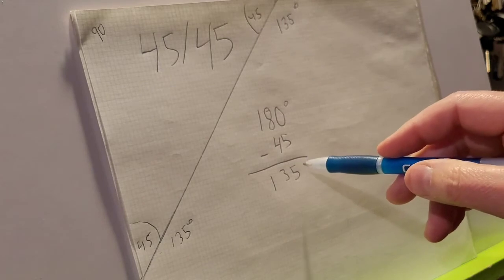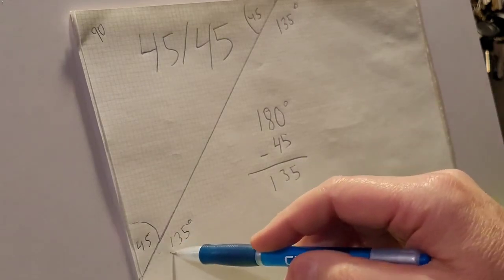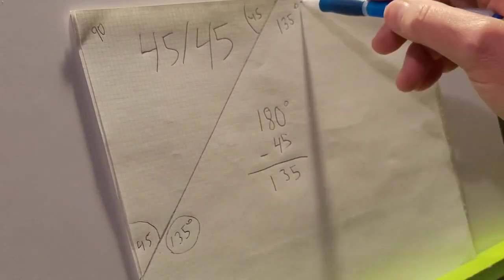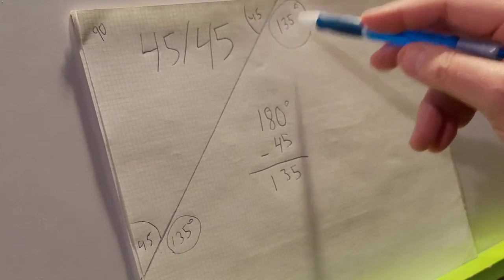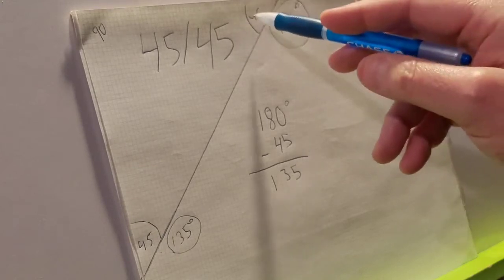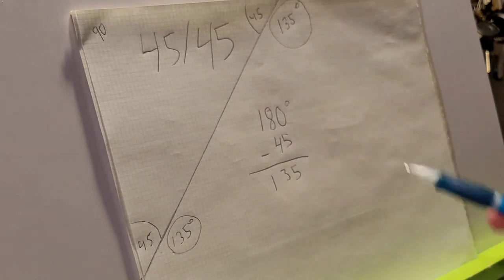And that's 135. As you can see, it's the same that they indicated on this schematic. So 135, to verify that it means 45, just subtract it from 180 degrees, which is a straight line.